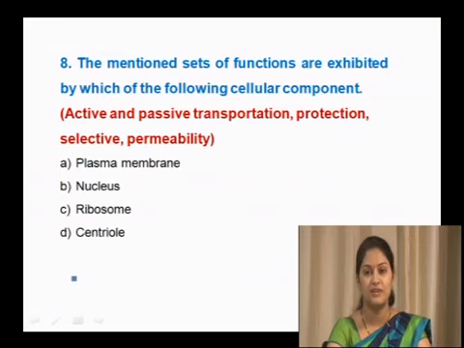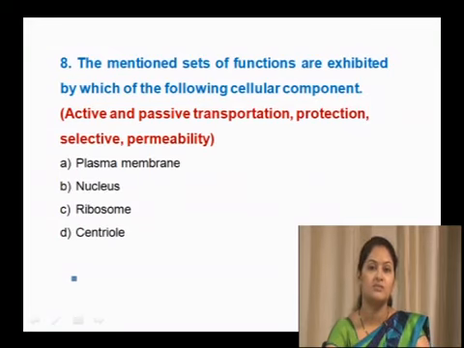So these are the functions associated with transportation, providing protection, and being selectively permeable, which is the property of the plasma membrane, whereas nucleus, ribosome and centriole cannot provide protection. For providing protection, it has to be on the periphery. So this main function may give us the particular clue for the answer. So option is A for this question.